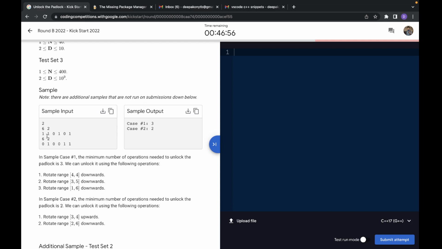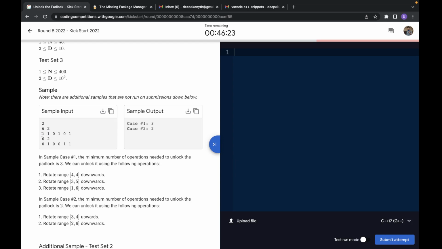Then, for how the operations work, you'll choose a subarray, and then you increase or decrease all the locks in that range by one. And then for the next iteration, it is constrained that you have to choose a subarray which will contain your previous subarray. So let's say if initially I chose this, then I cannot choose this, right?